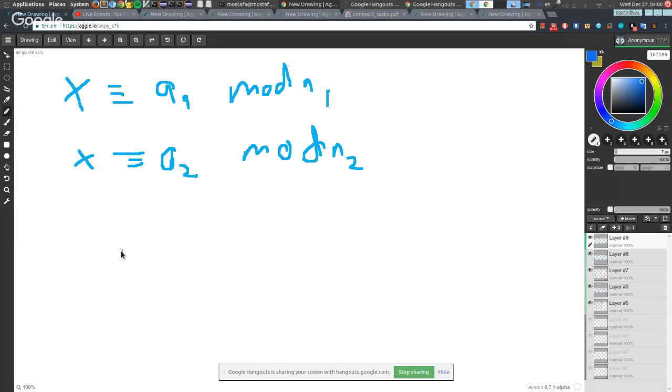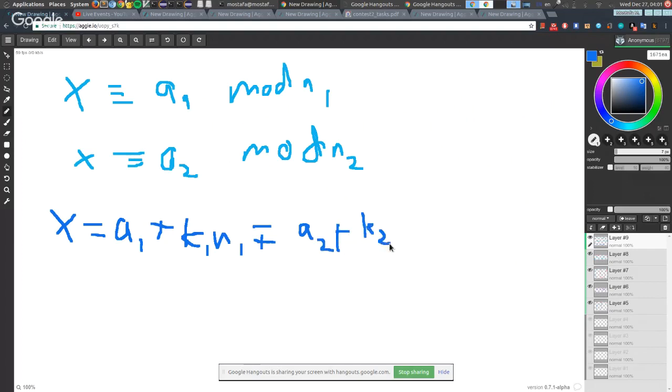So I'll begin here by using the definition of the modulo. So we have that x is equal to a1 plus k1 n1, which is also equal to a2 plus k2 n2. So basically this part comes from the first equation, this comes from the second equation.